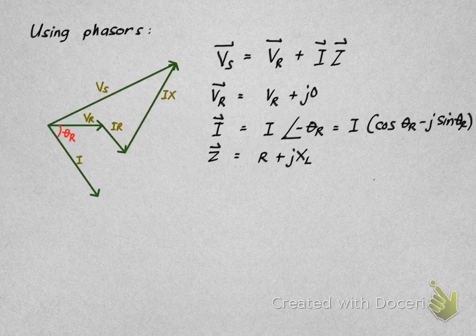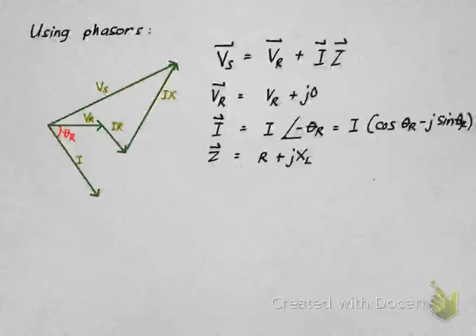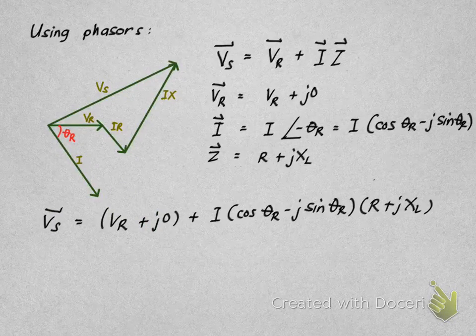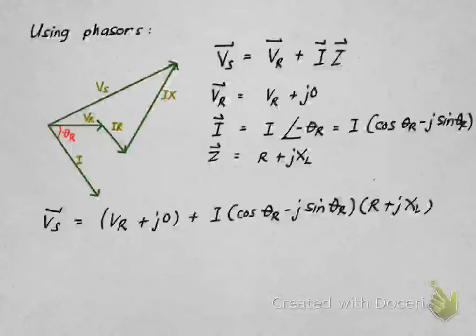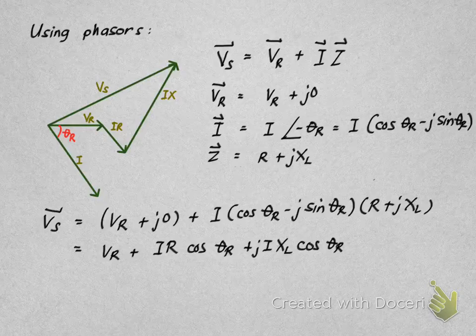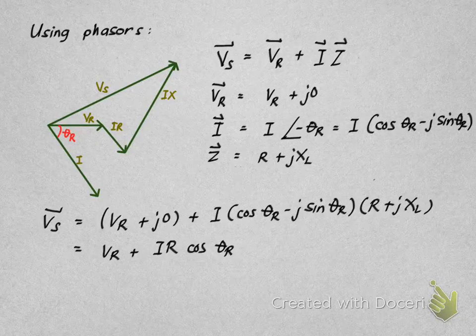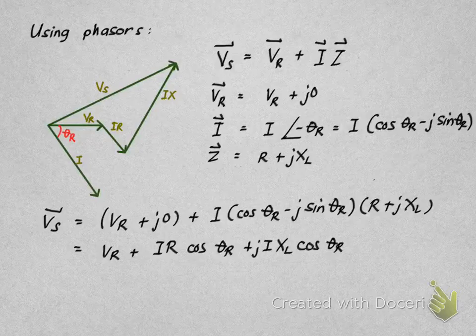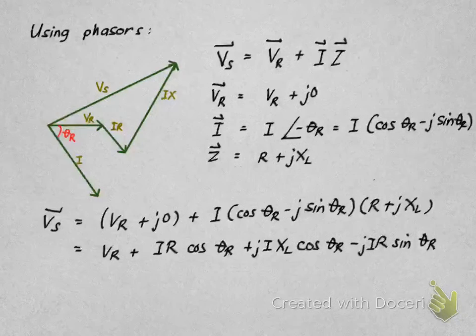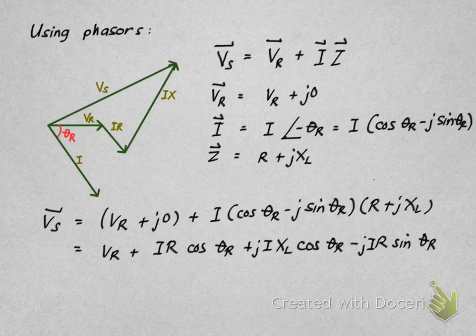So with all these real and imaginary components given, we insert them in vector Vs. Simplifying, we get VR, then IR cosine theta r, then I cosine theta r times jXL, and the next term is I cosine theta r, then negative j I sine theta r, and lastly negative j I sine theta r times jXL.